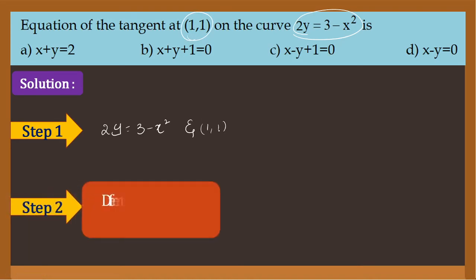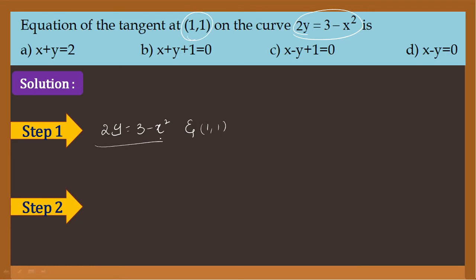Now, differentiating with respect to x on both sides of this equation, we get 2 into dy by dx is equal to d by dx of 3 is a constant, so differentiation 0, minus d by dx of x square is 2x. This implies dy by dx is equal to minus 2x divided by 2.